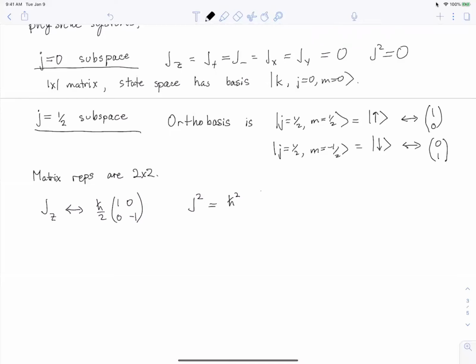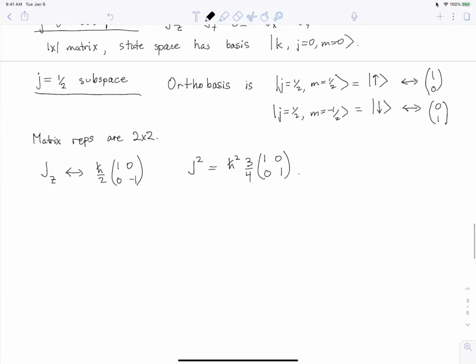It's proportional to the identity operator, 1, 0, 0, 1. And then going along with the theme of not being the person who makes the mistake of saying j squared there, this is j times j plus 1, which is 3/4. Okay, so there's a 3/4 there, strangely enough, in the j squared matrix representation.